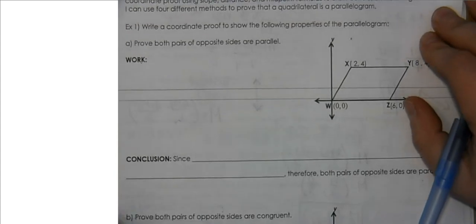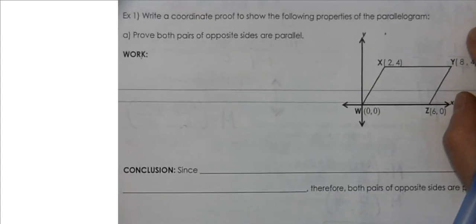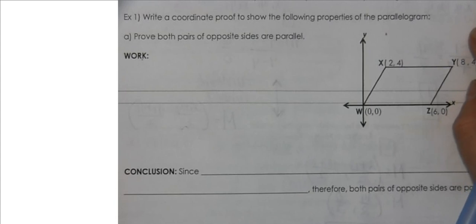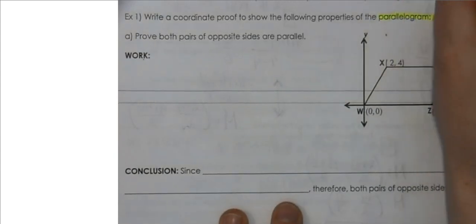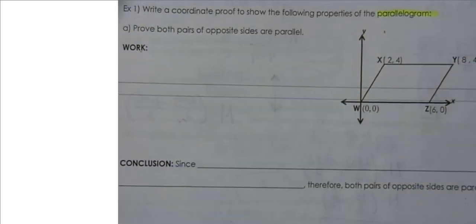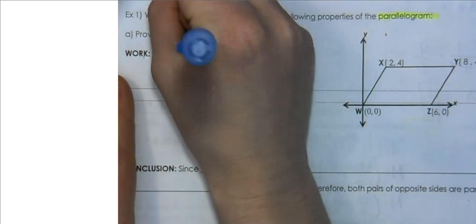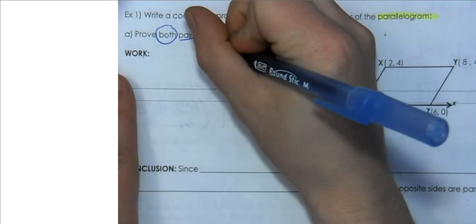So in example 1, it says, write a coordinate proof to show the following properties of the parallelogram. So they're telling us right here that this is a parallelogram. So we know that from the very beginning. And we want to prove that both pairs of opposite sides are parallel.